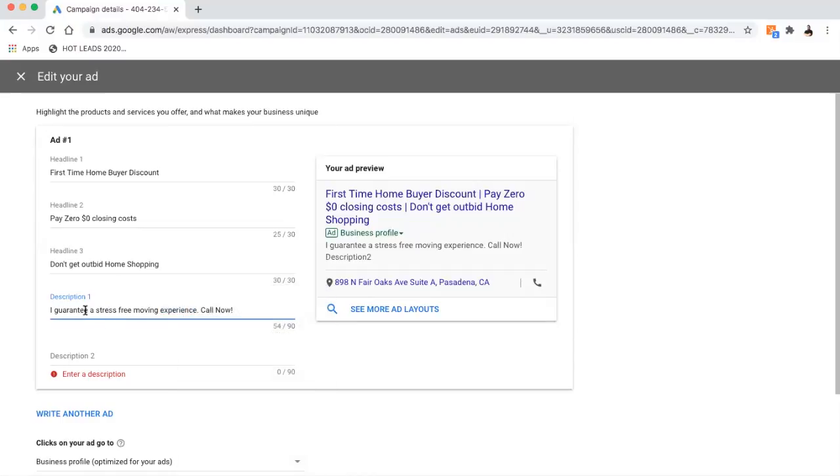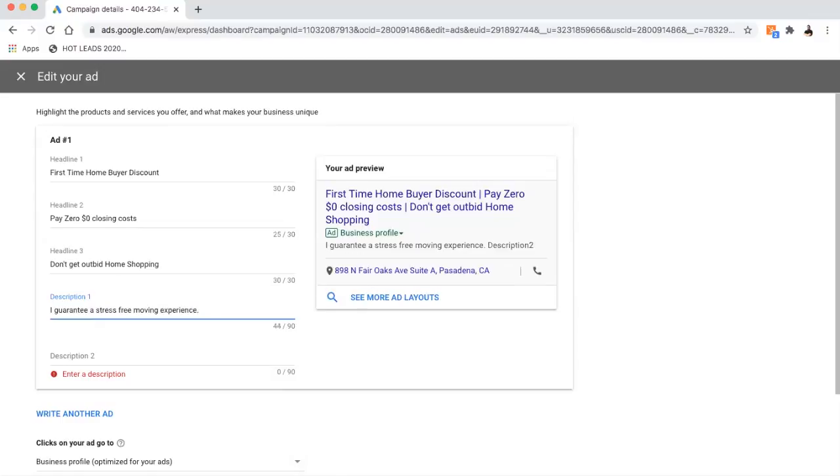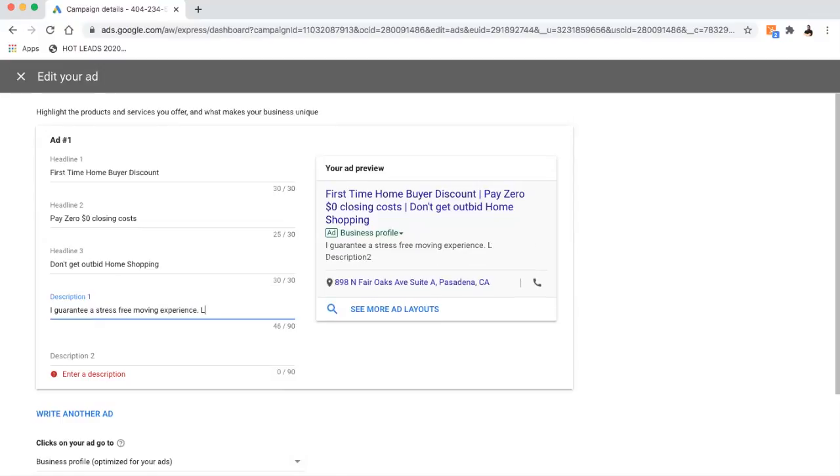And then now you have a little bit more room, and you can say, let's get you into your new home. Or something along those lines, right? I guarantee a stress-free experience when buying your new home. I guess you could say that.